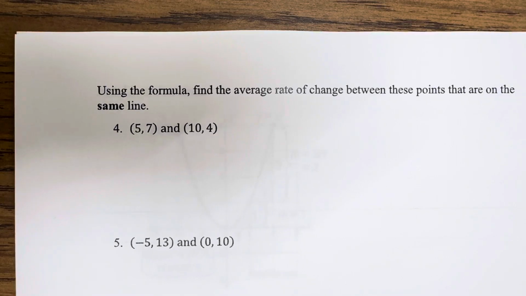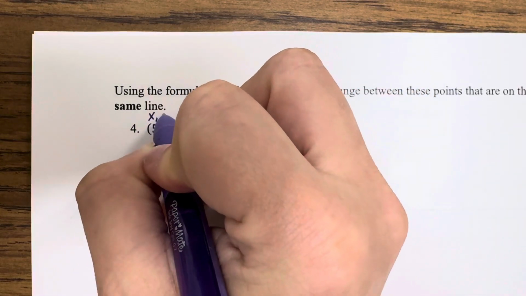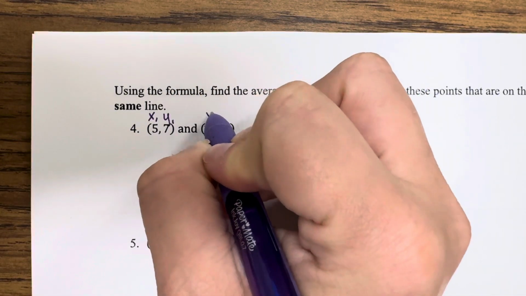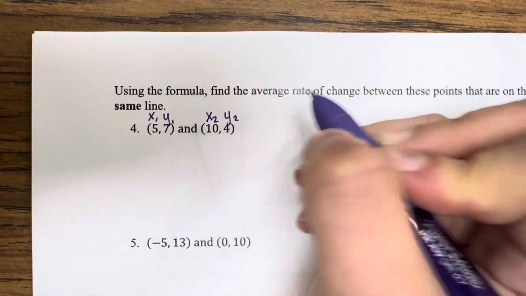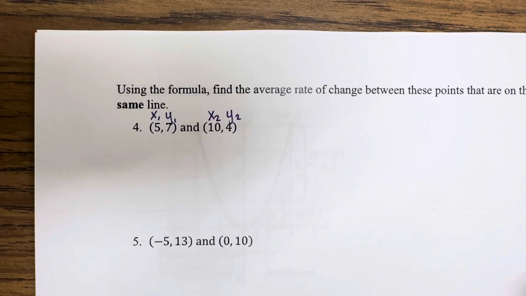Okay, this next section says using the formula, find your average rate of change between these points that are on the same line. So we don't see the line, we just are given the coordinates. So we just use that regular formula. You don't have to write this every time unless it confuses you, then I would write it just to make sure you're subtracting the right numbers.